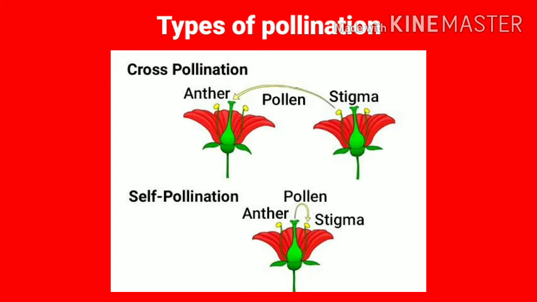If the transfer of pollen grains from stamen to stigma occurs in different flowers of the same plant or different plants, it is termed cross-pollination. You got it, right?